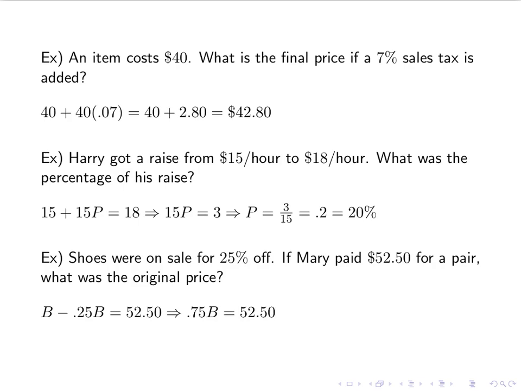So this equation simplifies down to 0.75b equals $52.50. Divide both sides by 0.75, and we get the original price was $70. Notice it makes sense that the original price was more than the sale price because we subtracted that 25%.